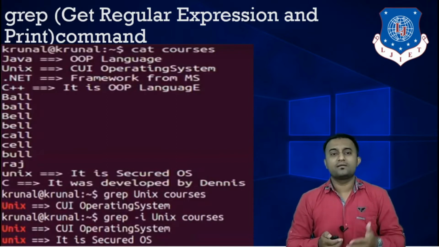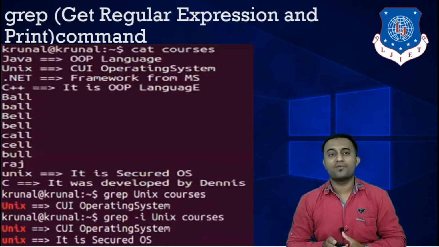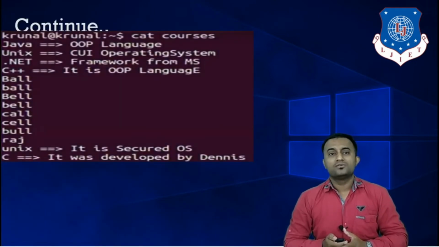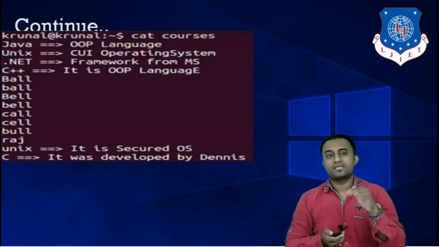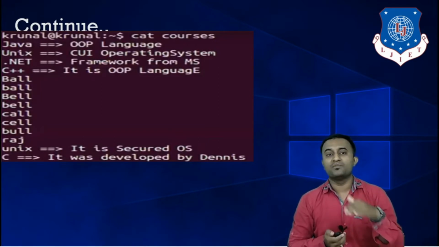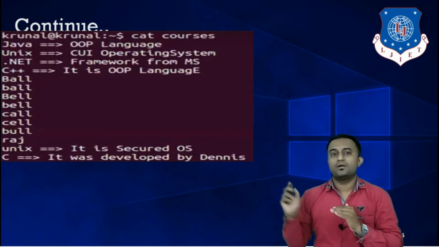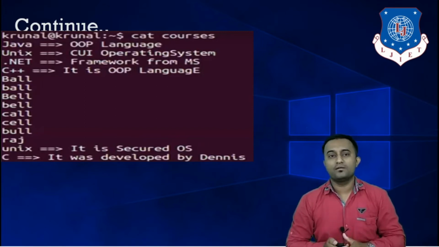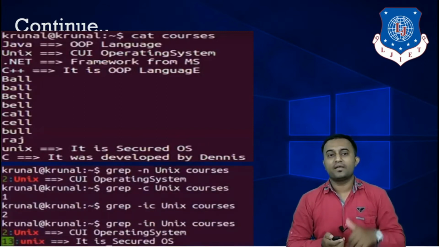Now let us try some other options with the help of the grep command. Again, I have taken the same file over here so that you can coordinate the output with the input. The same file is taken in this slide, and again I am firing some different options with grep.